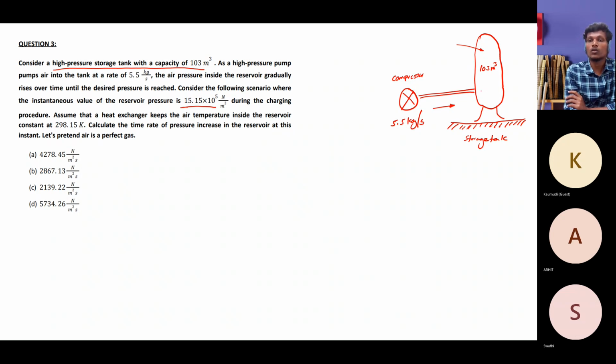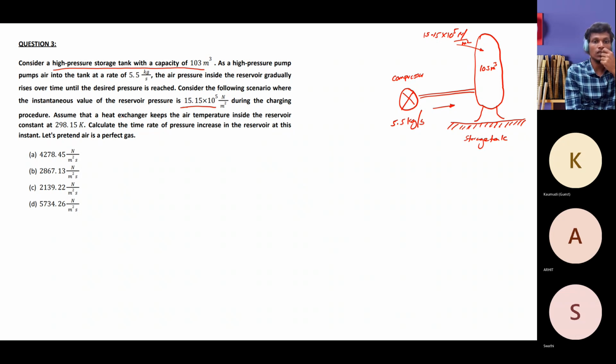Since it is entering and there is already a certain amount of mass, you already have an internal pressure of 1.15 times 10 to the power 5 Newton per meter square. This is assumed to be equal everywhere in the pressure tank. During this charging procedure this is instantaneous, that means at some particular time t, we are not dealing with the entire time. So at some particular time t, this is the pressure.